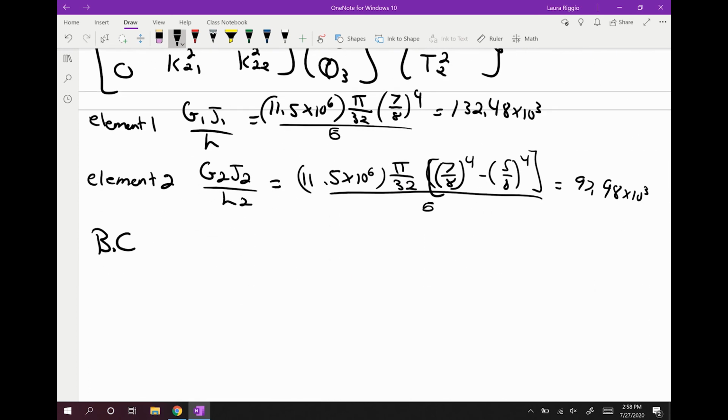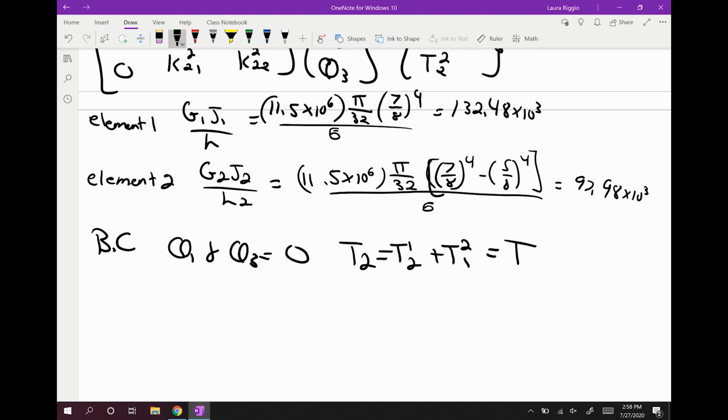So then we have our boundary conditions, which are that theta 1 and theta 3 are equal to 0, and that T2, which is equal to T2(1) plus T1(2), is equal to our applied torque.